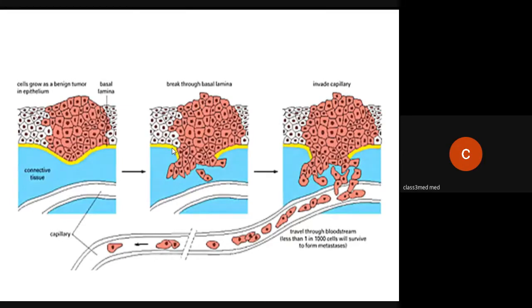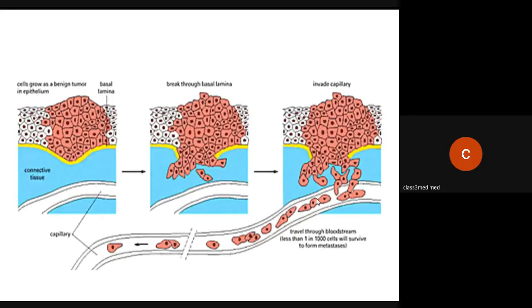It is invasive carcinoma. Once the malignant tumor cells invade the basement membrane, it gets access to the surrounding tissues, to the subepithelial tissues, and get access to the lymphatic vessels or blood vessels, and give rise to distant metastasis.